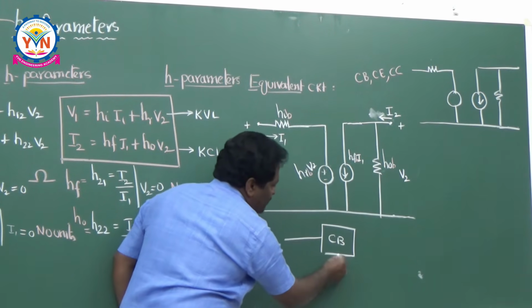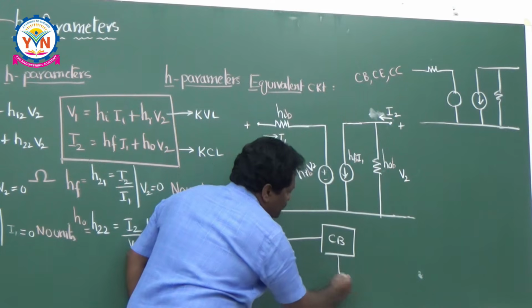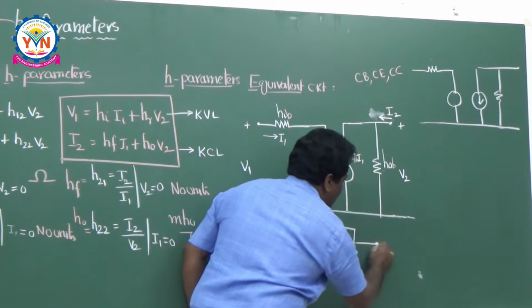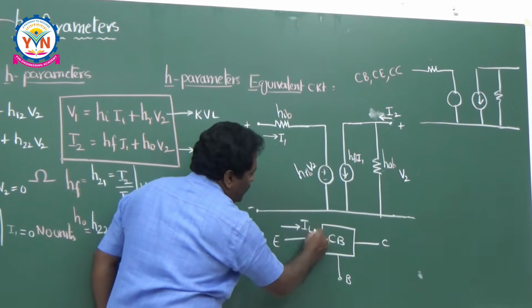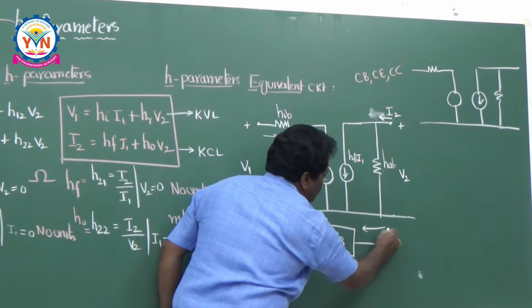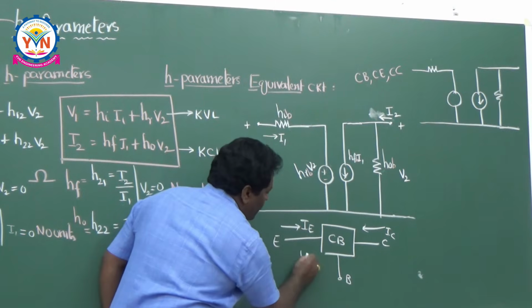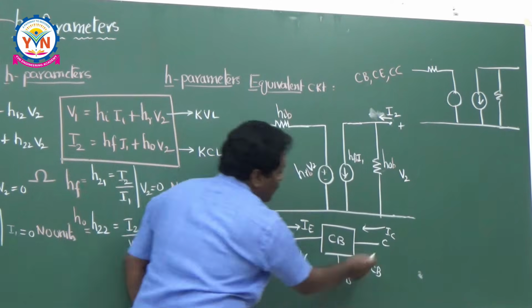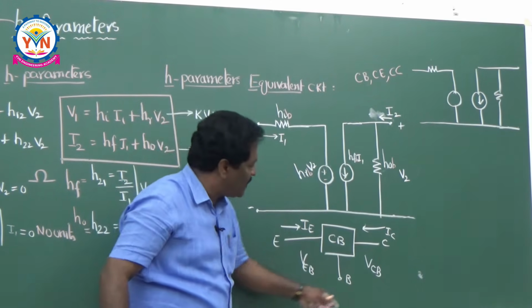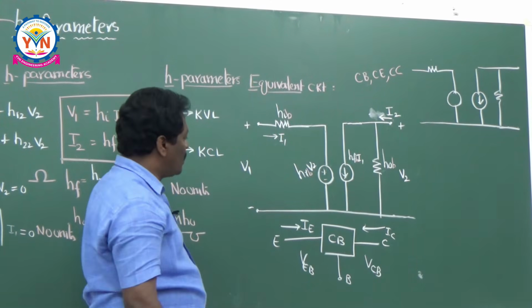Common base means base is common, emitter is the input and collector is the output. What is the input current here? IE, emitter current. What is the output current? IC. Input voltage is VEB and output voltage is VCB because it is the voltage between the collector and base.